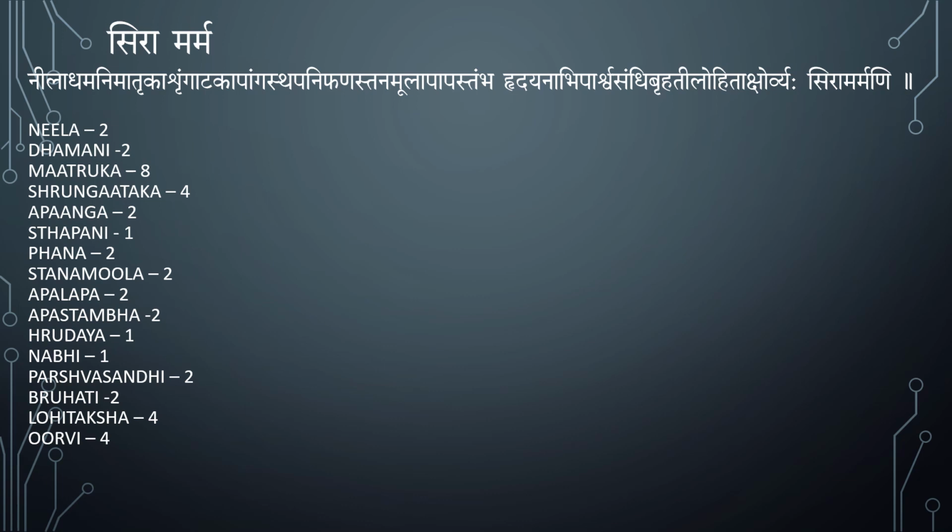They are Neela 2, Dhamani 2, Matruka 8, Shrungataka 4, Apanga 2, Sthapani 1, Fana 2, Stanamula 2, Apalapa 2, Apastambha 2, Hrudaya 1, Nabhi 1, Parshvasandhi 2, Bruhati 2, Lohitaksha 4, Urvi 4. So total ekachatwarinshat, 41 in number.